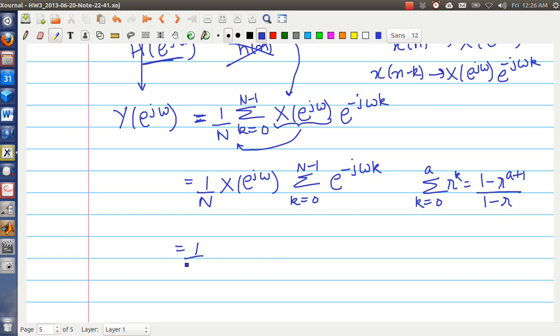So this becomes 1 over N X(e^{jω}) times 1 minus e^{-jωN} over 1 minus e^{-jω}, because that's what your r is, r to the power N, over 1 minus r.